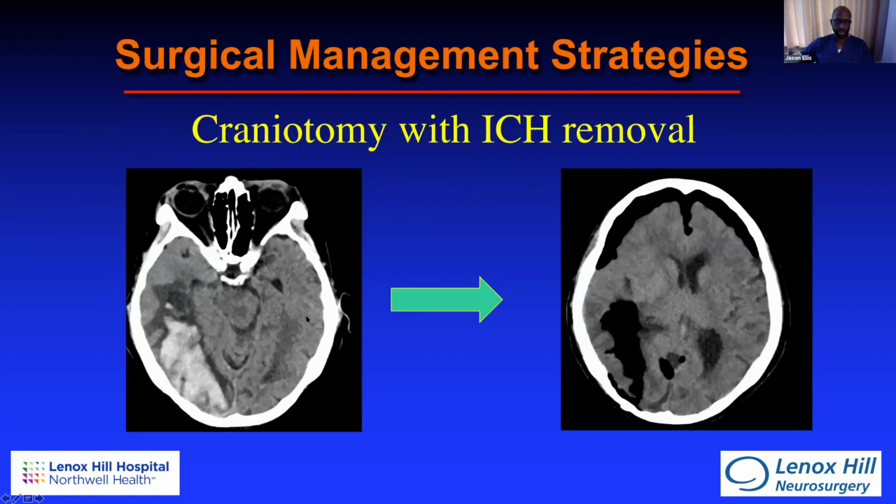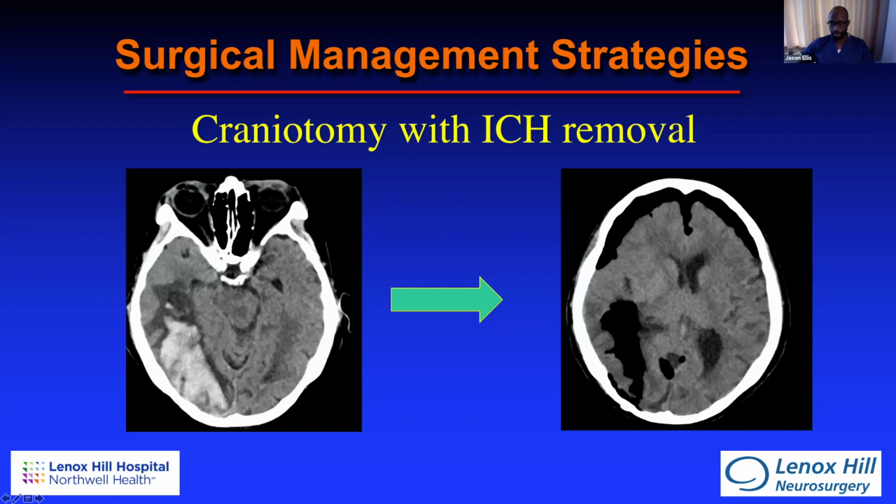And you can see the result of the procedure here. He underwent a craniotomy, hematoma evacuation, and this is the post-op CT scan, which is essentially showing air in the cavity where the hematoma was removed. There's also air in this space here, which is, as we know, the subdural space.